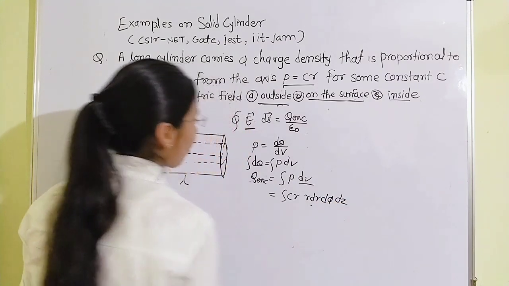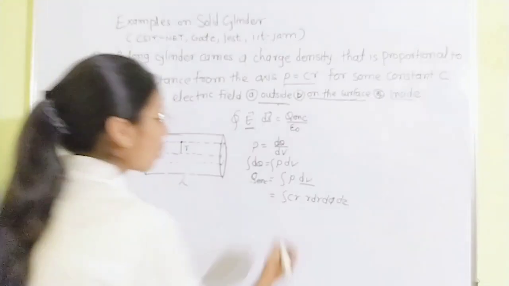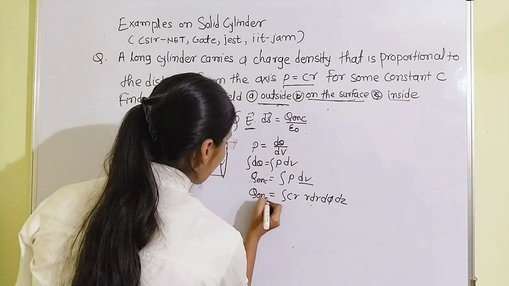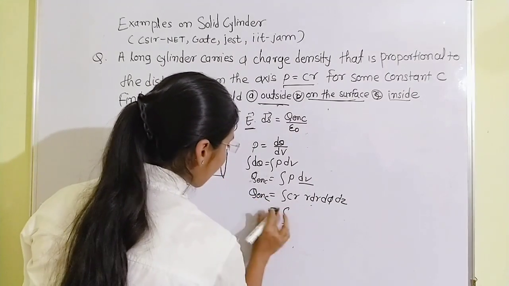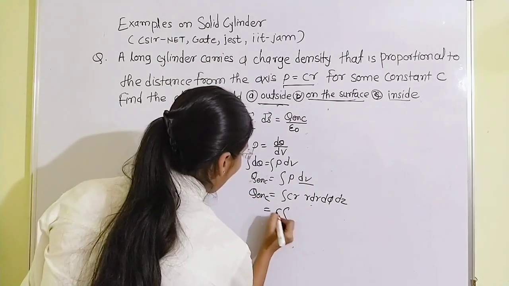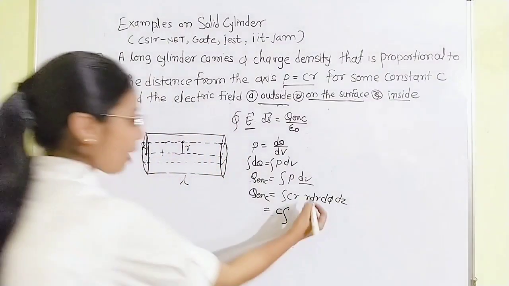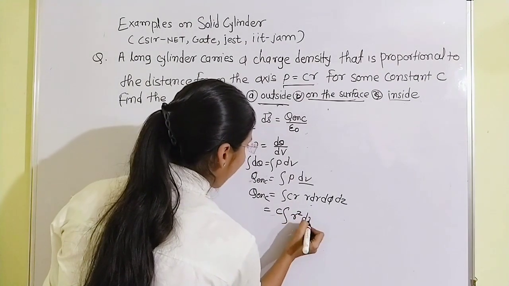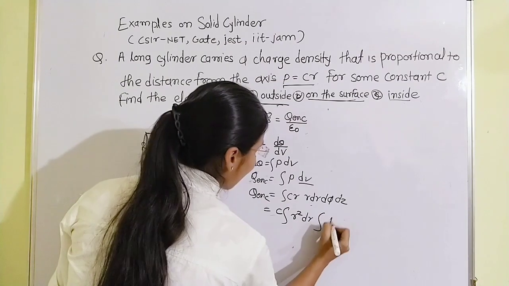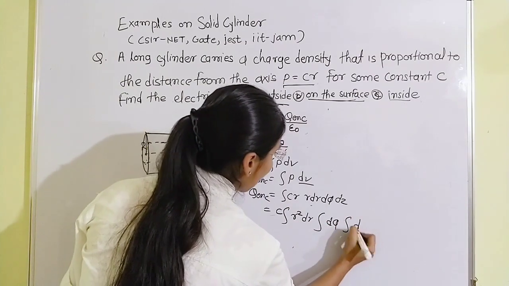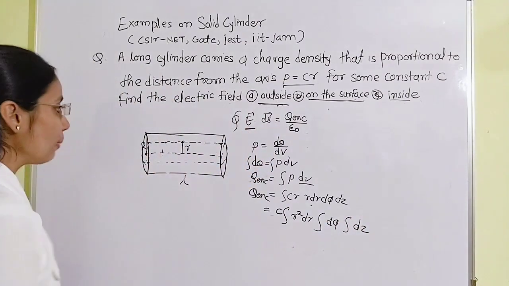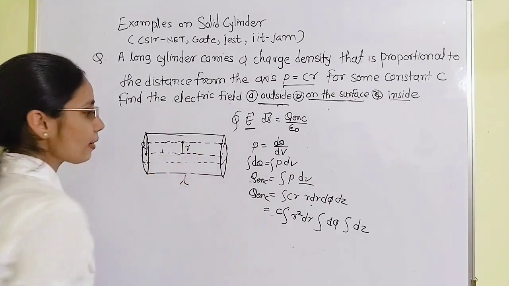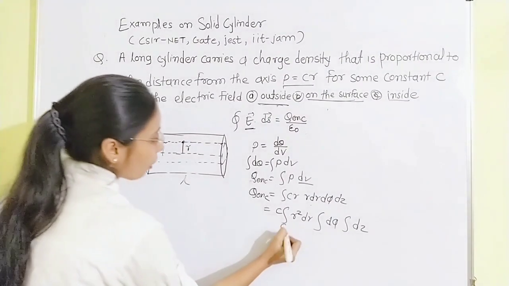This is the volume element for the cylinder. So Q enclosed is equal to integral, C is a constant so we take it outside, C integral R square dr, integral d phi, and integral dz. Here the limit for r is 0 to r.